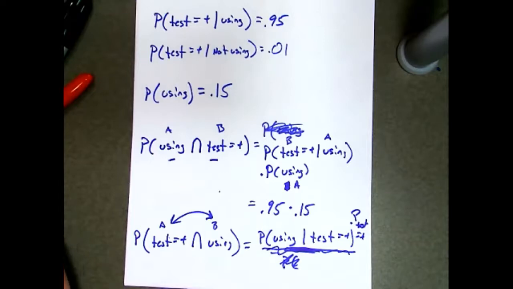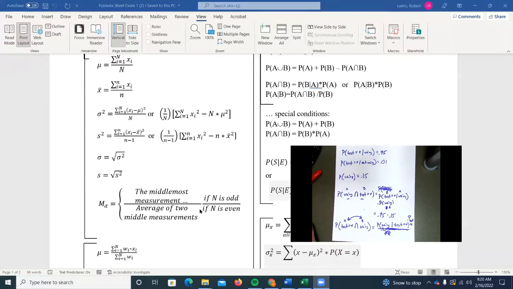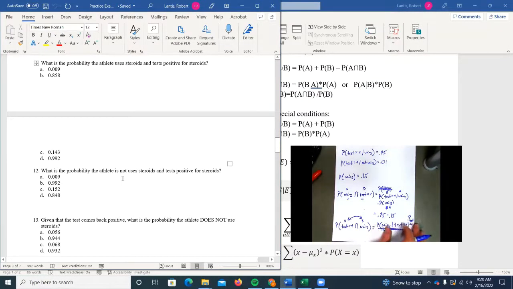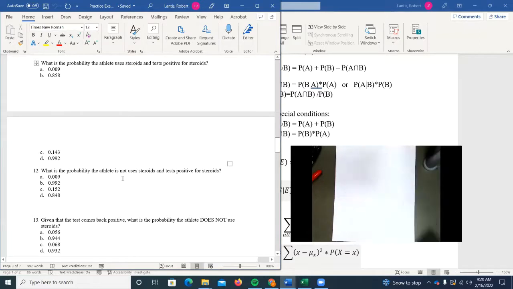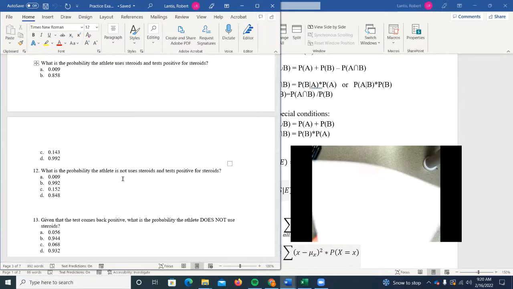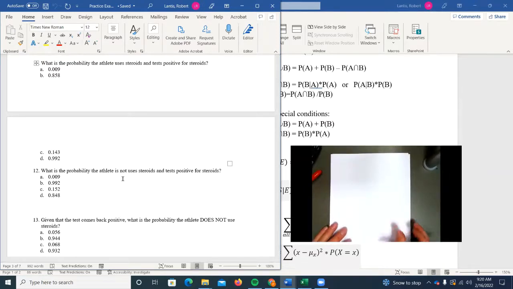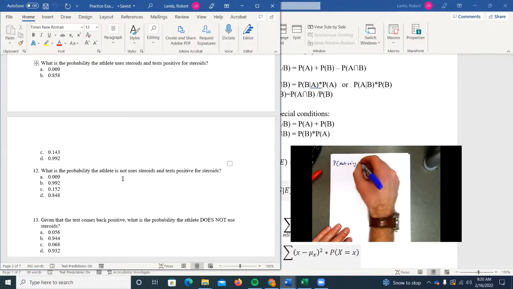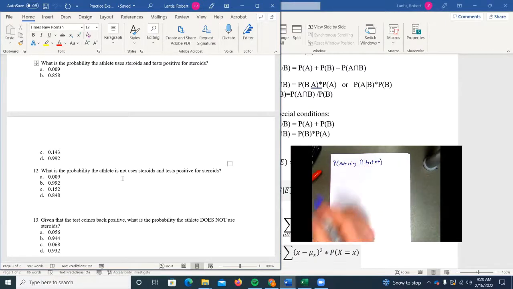So the next one is, what's the probability that the athlete is not using steroids and tests positive? So we've got another very similar example. For the sake of time here, you can go through it. So what's the probability that they're not using and the test comes back positive, right?